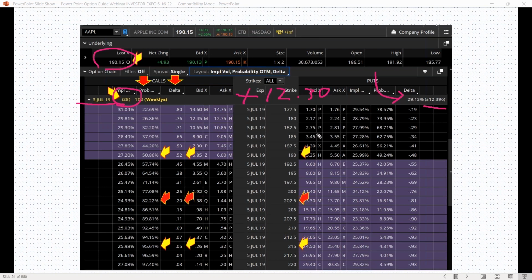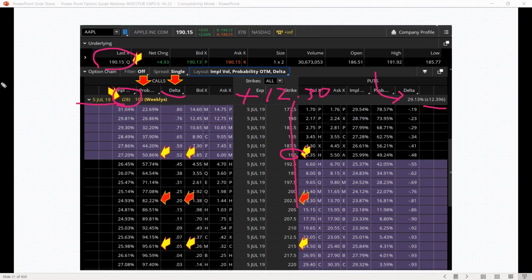If you look at the 190 strike, which is at the money, it has a delta of 52. Just look at that as a 50-50, like flipping a coin. There's a probability of about 50% it could close below 190 and 50% it could close above 190.